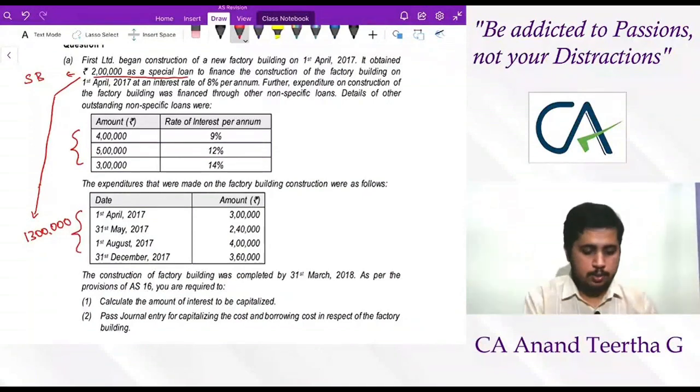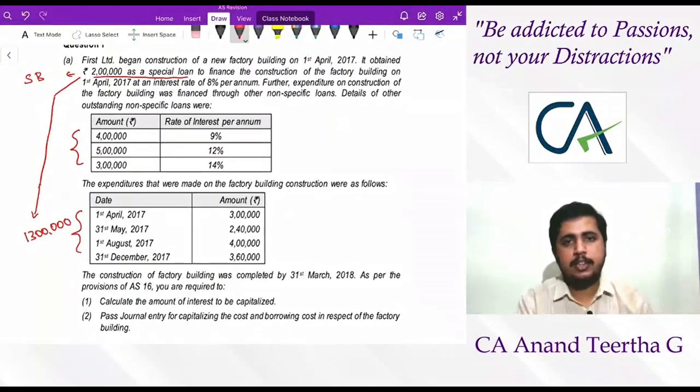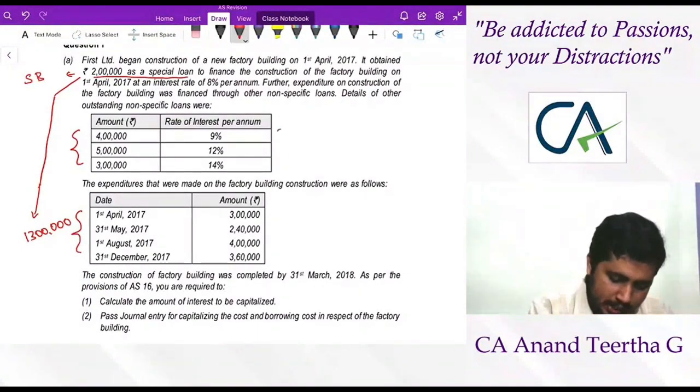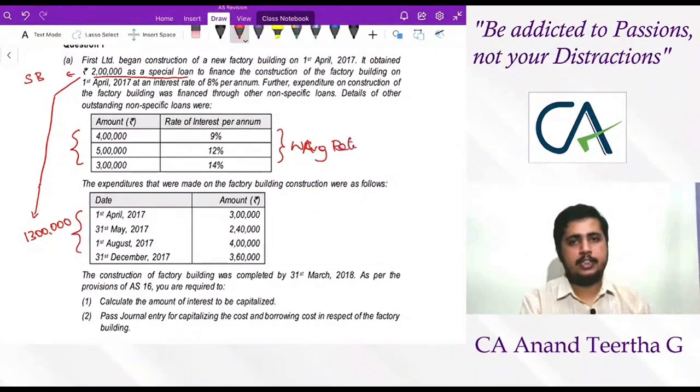Total of the 3 general loans, 5 plus 4 is 9, 9 plus 3 is 12. 12 lakh is general loan. So at that time, 11 lakh is utilized in what proportion? We don't know. For that reason, we need a weighted average rate for the purpose of capitalization. Now I hope everybody understood. Because we don't know from which borrowing how much amount is collected, we have to apply a weighted average rate.